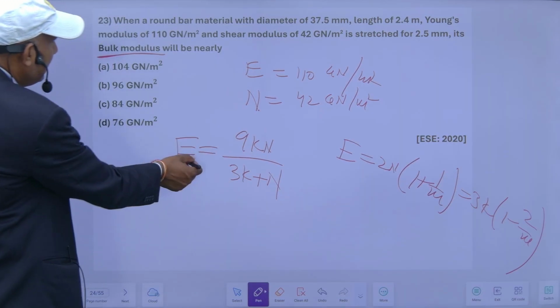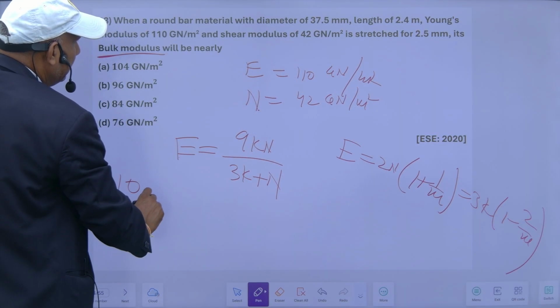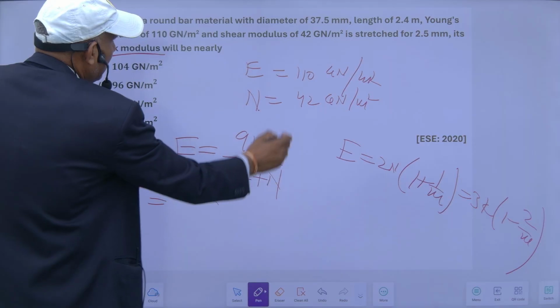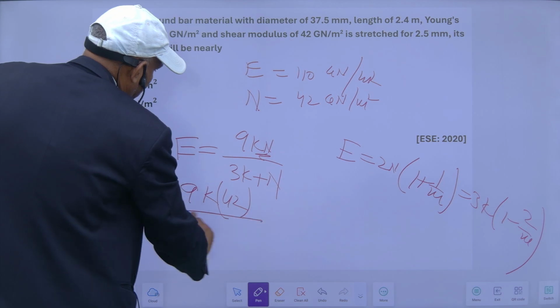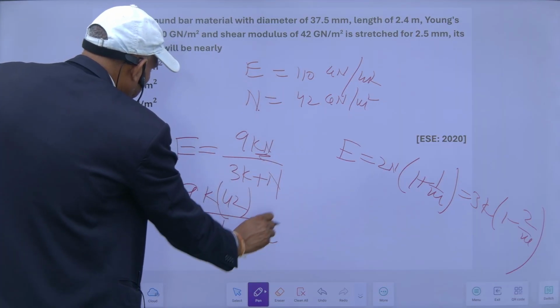So simply E is equal to 110 and 9K, and shear modulus is equal to 42 upon 3K, and this N is 42.